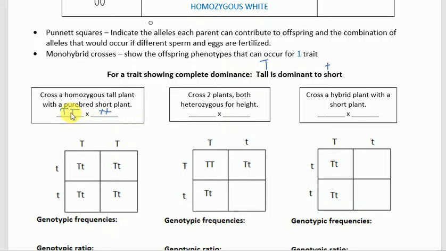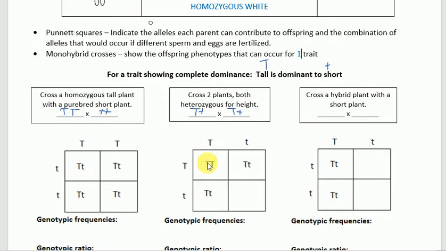So that's our first cross, and what we're going to do is put one of the genotypes here and one genotype here, and then we cross those. Here, cross 2 plants, both heterozygous for height. Heterozygous meaning different, so we've got 2 with a capital T and a lowercase t.